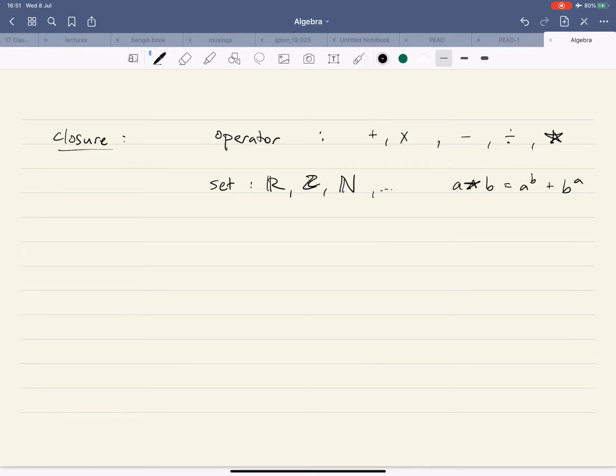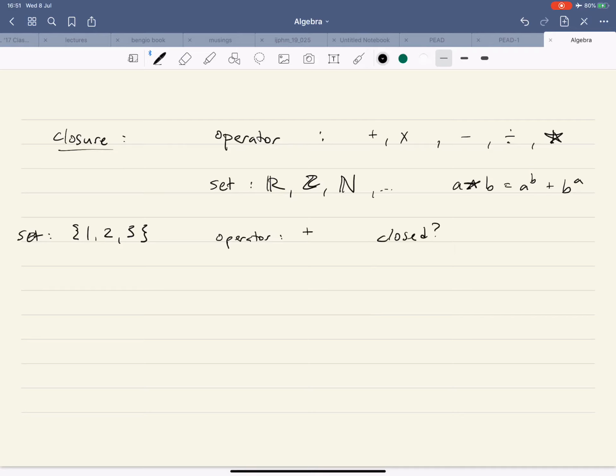Okay, let's take a look at an example of a set that is not closed under addition. And it's going to be a really simple set. It's just going to be 1, 2, 3. That's going to be my set. And my operator is going to be addition. Is this closed?